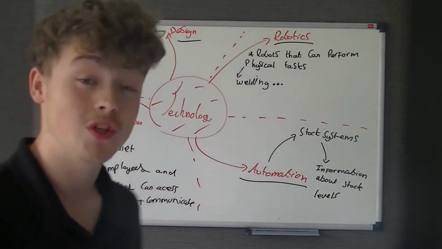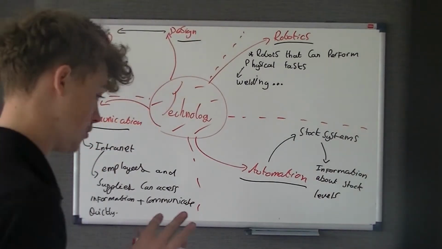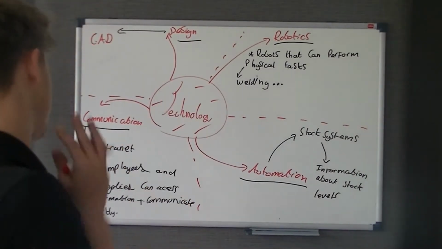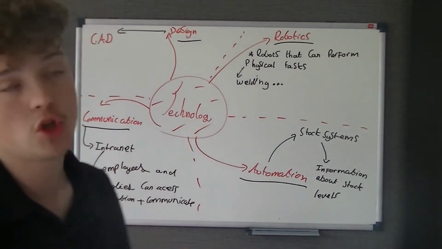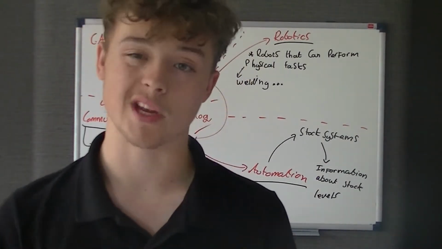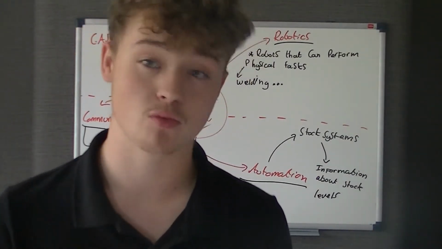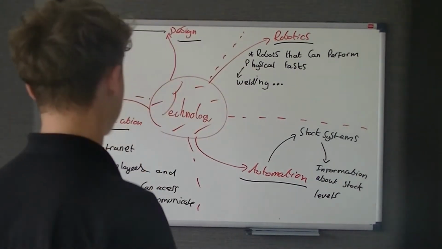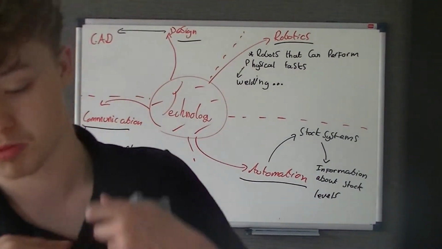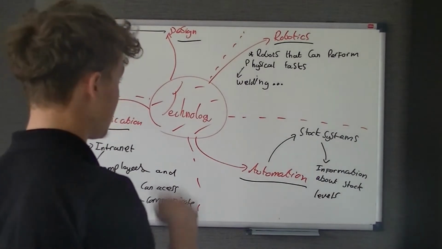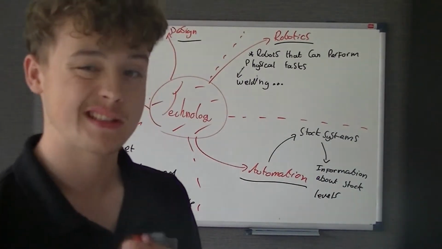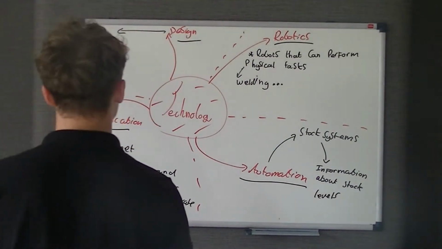CAD is computer aided design. Now what this is, it replicates the products on the screen of a computer, so you can put it through a series of tests within software, and obviously that will allow you to replicate tests that you might make in real life, and it's very accurate because it's based on scientific and mathematical principles in a computer.